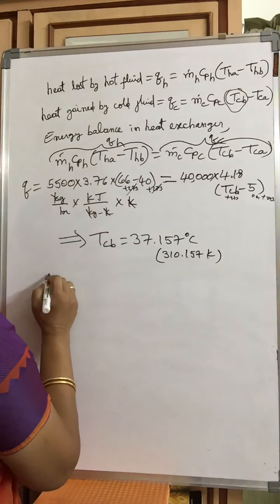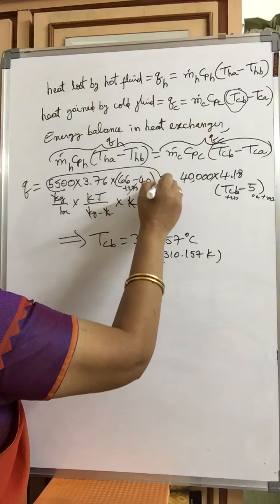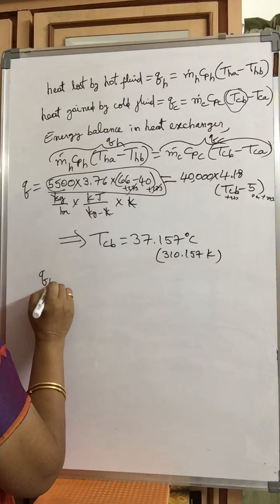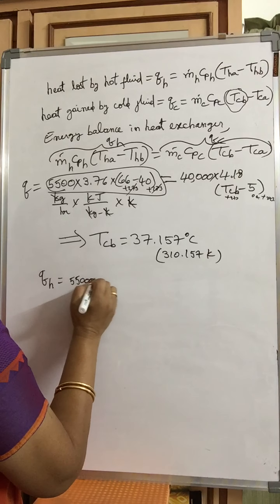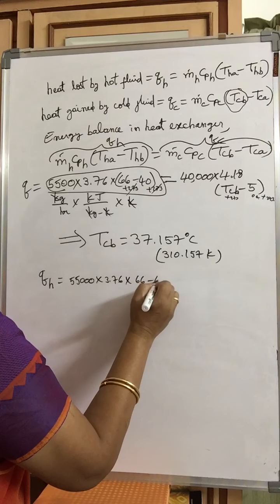So QH is equal to how much? This value is QH. QH is equal to 55,000 into 3.76 into 66 minus 40.